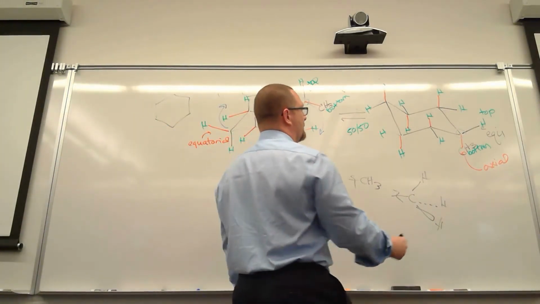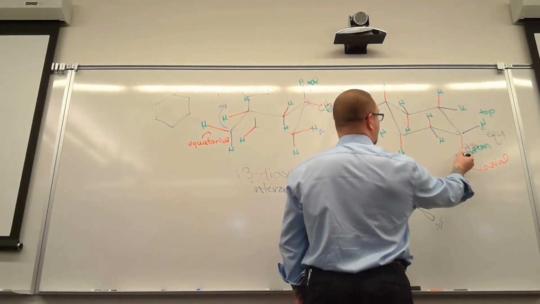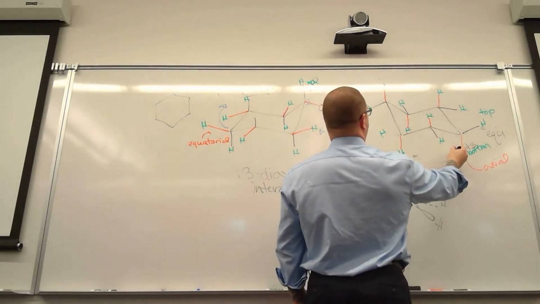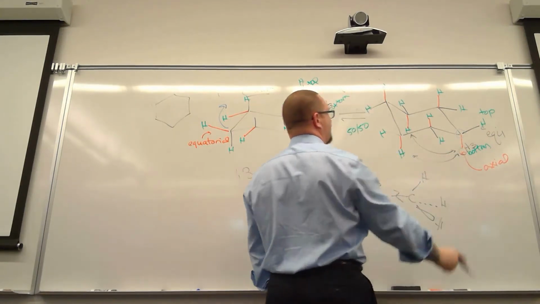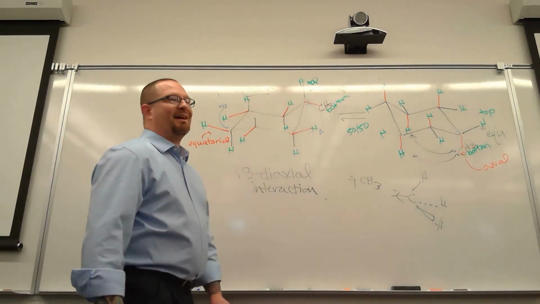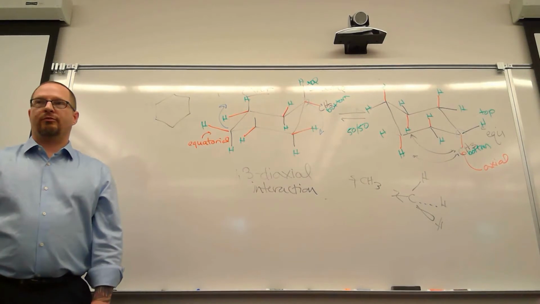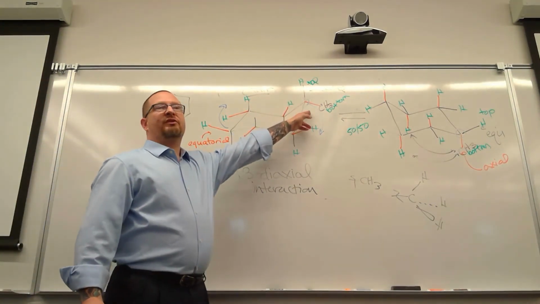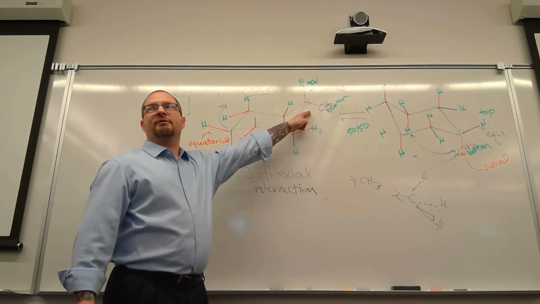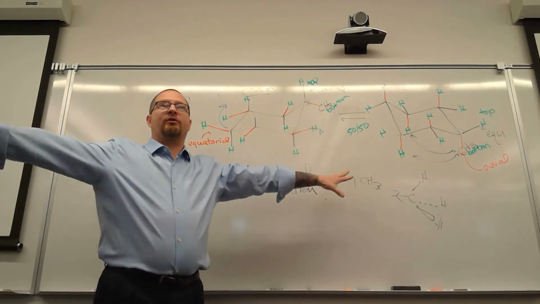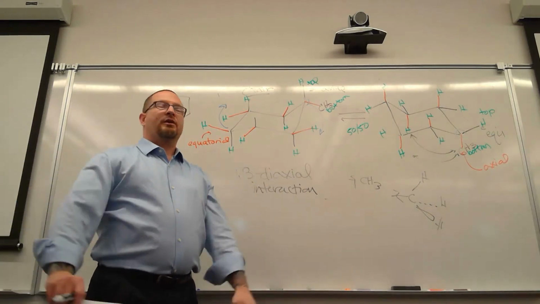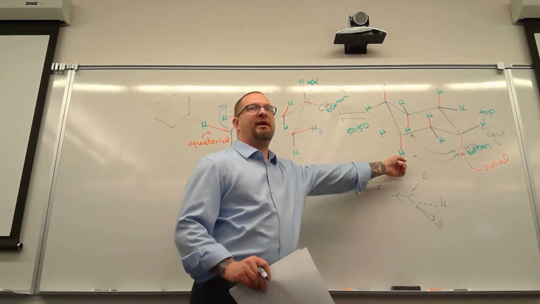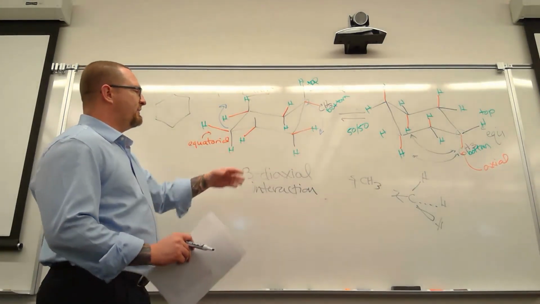So with the methyl here, we get through space interactions here and here through the other axial groups. Things on equatorial positions do not experience diaxial interactions because they're out on the periphery. So because of this, this is a slightly more strained version of this.